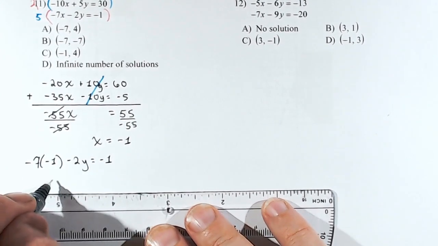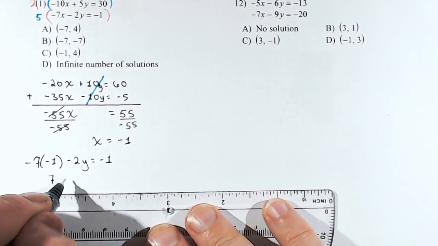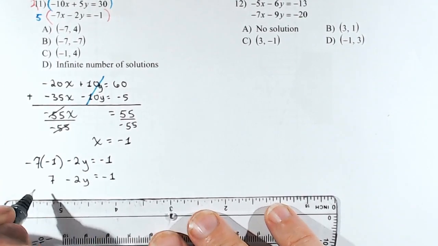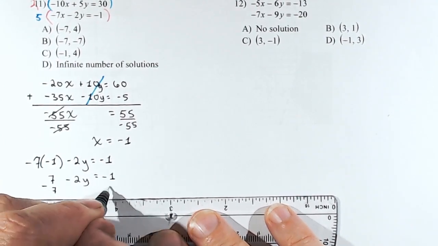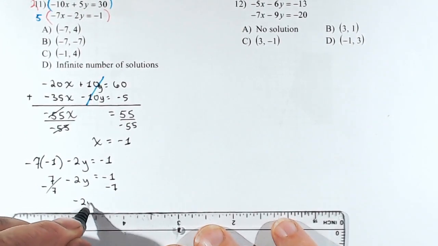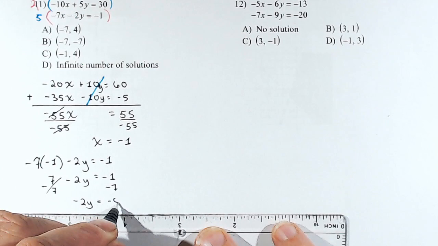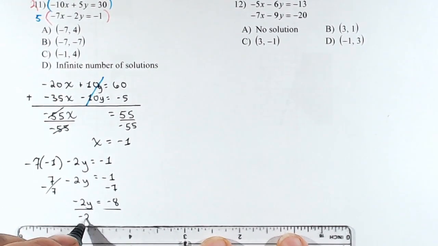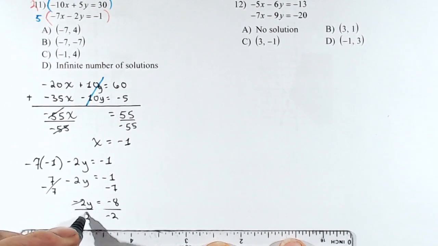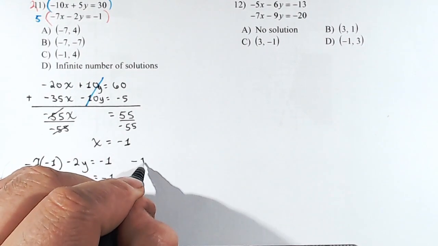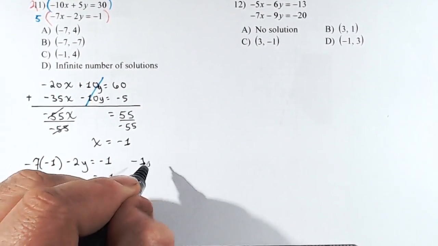Well, negative 7 times negative 1 is positive 7, minus 2y equals negative 1. Subtract 7 from both sides, and we get negative 2y equals negative 8. Divide both sides by negative 2, and I get y is equal to 4. So x comma y is negative 1, comma 4.